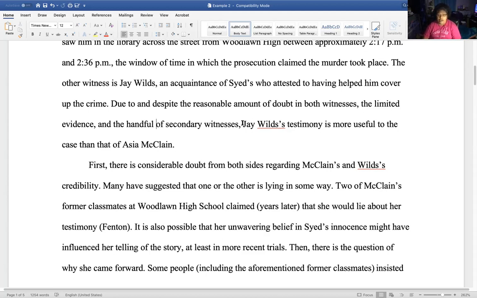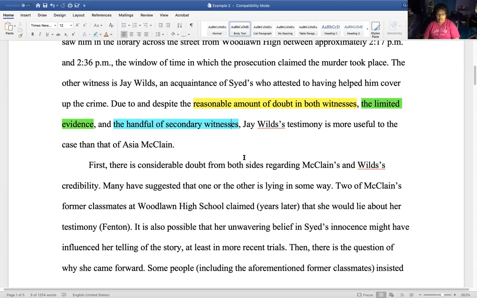It names a winner, it tells you despite all these things, this is the winner, and it gives me three reasons why. Reasonable doubt of both witnesses, right? And I'm going to highlight some of this. The limited amount of evidence and the handful of secondary witnesses.